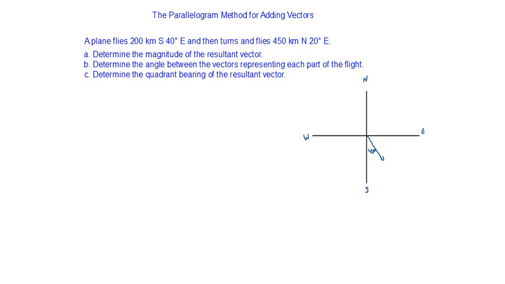So north is here. We want to go 20 degrees off east, and that would be 450 kilometers. This angle in here is 20 degrees. This length is 450 kilometers. I forgot to put a length down here. I'll put it over here just so we don't clutter up the diagram too much.